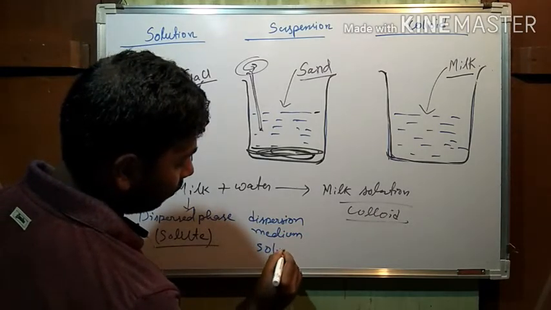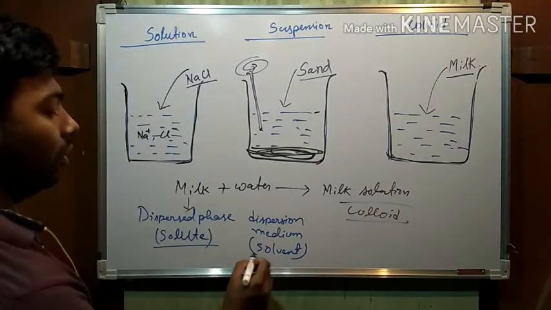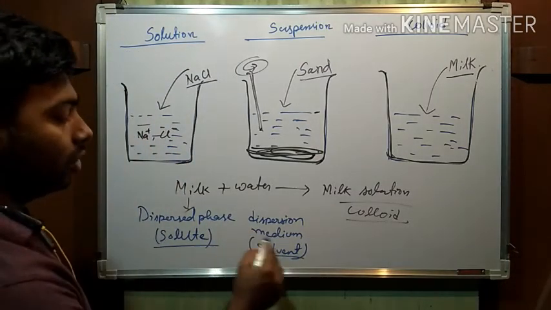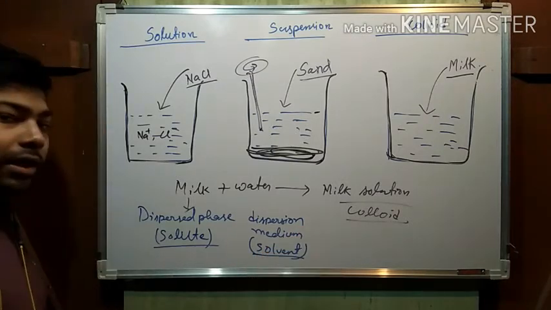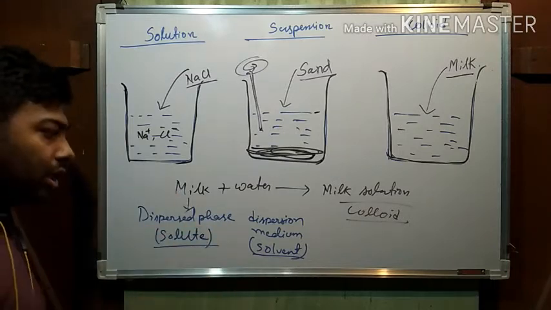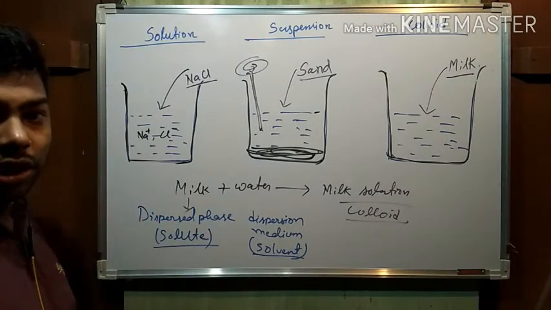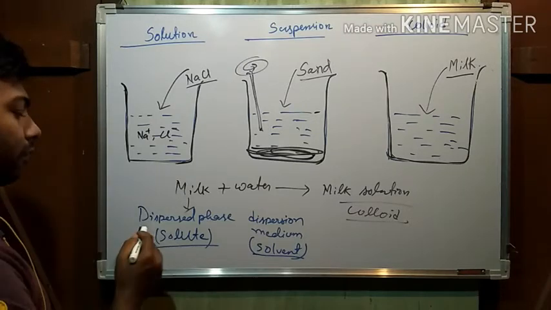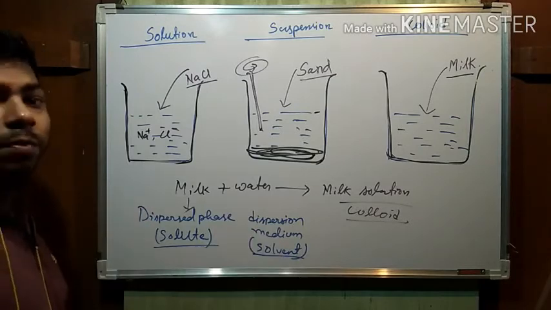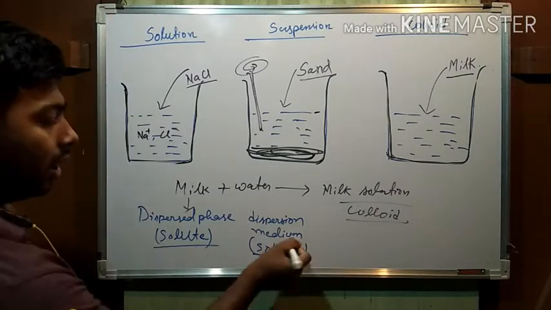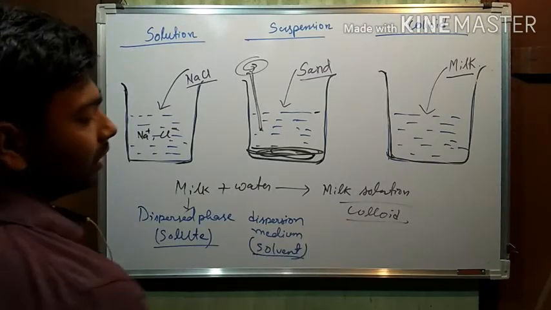You can assume it to be the solvent, but particularly for colloids, the solvent is known as the dispersion medium. That means the dispersion medium is the medium in which the dispersed phase is dispersed. And the dispersed phase is the substance which is going to mix in the dispersion medium, that means the solvent. Okay. And the solution is known as a colloid.